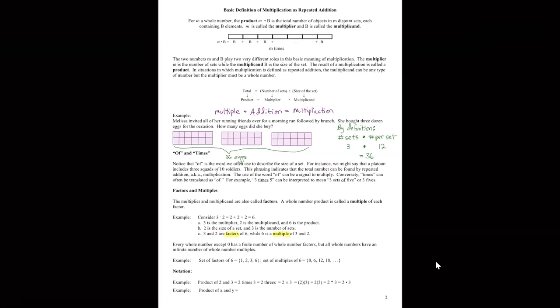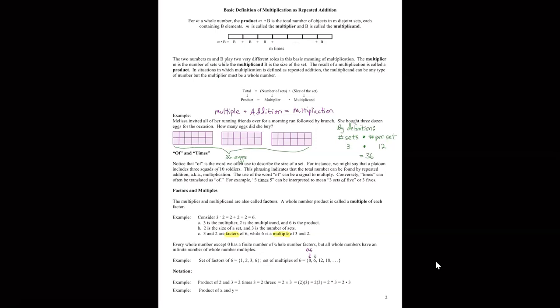When you're talking about whole numbers, they have a finite number of factors, but they have an infinite number of multiples. Right. So the example there: the set of factors of 6 is 1, 2, 3, 6. The set of multiples of 6 starts with 0. It's weird to think about 0 as being a multiple of 6, but if you're multiplying by a whole number, this is the result of 0 times 6.